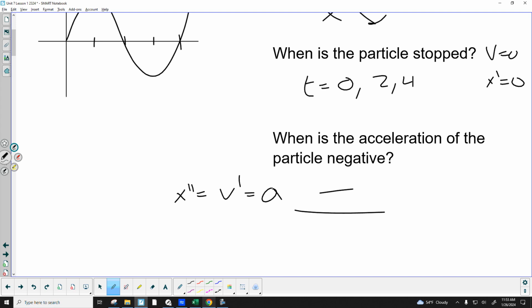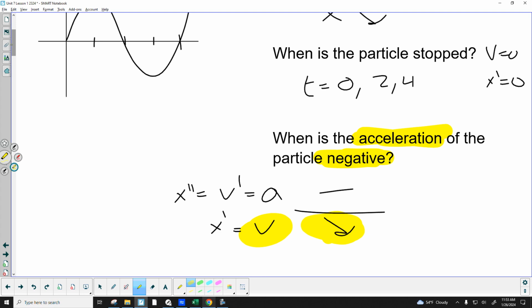If acceleration is negative, that means velocity, again, this is f double prime, f prime, must be decreasing. You want to know when acceleration is negative? You have a graph of velocity. Look at when velocity is going down. It's stuff we've done before. It just has new words.